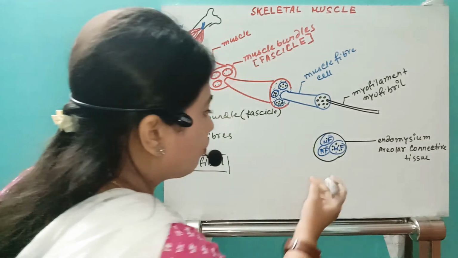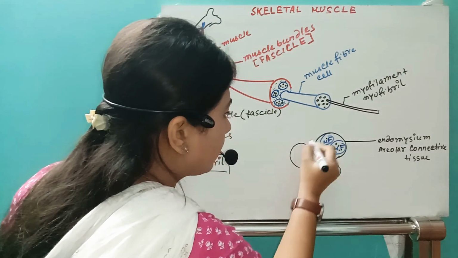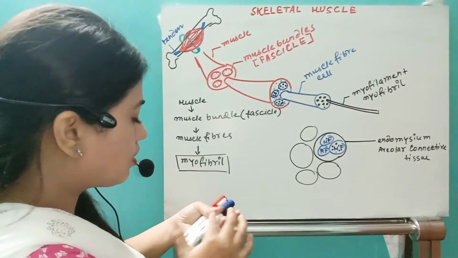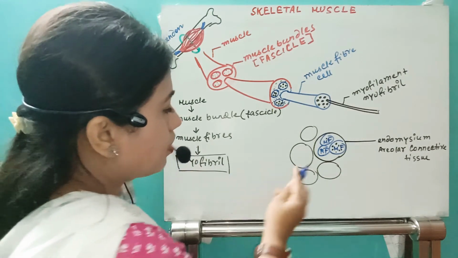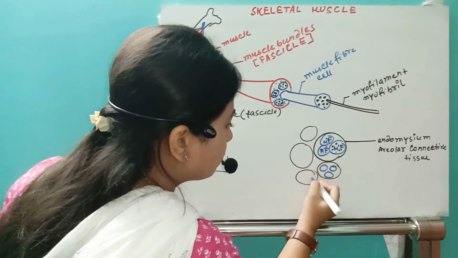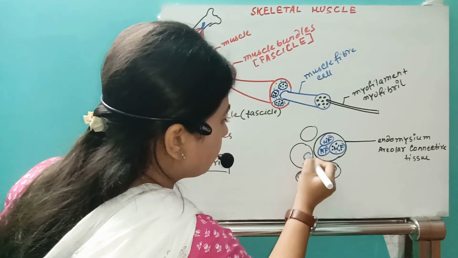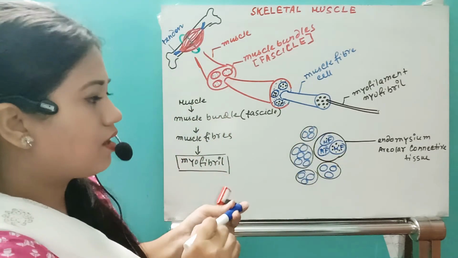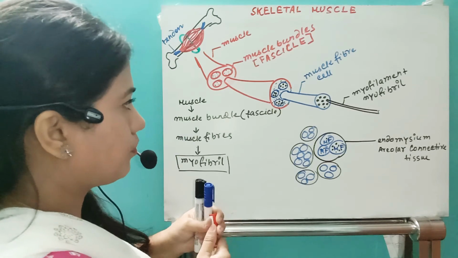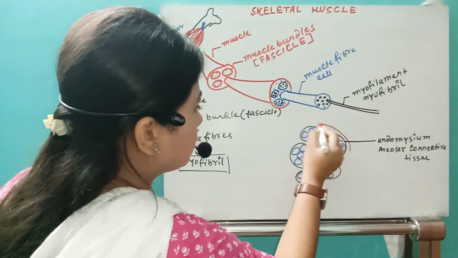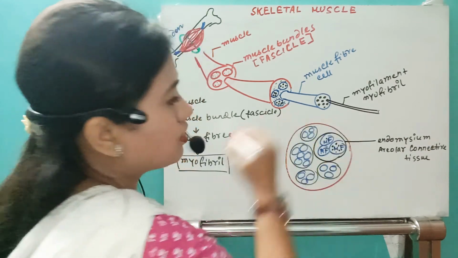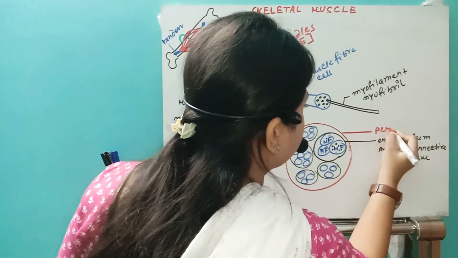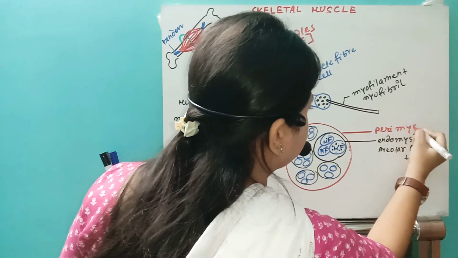This way we are going to have a number of fibers. These are the bundles of muscle fibers. These are all endomysium, isn't it? So inside that we have the muscle fibers. Now these fibers will be covered by another bundle covering. This one will be known as the perimysium.